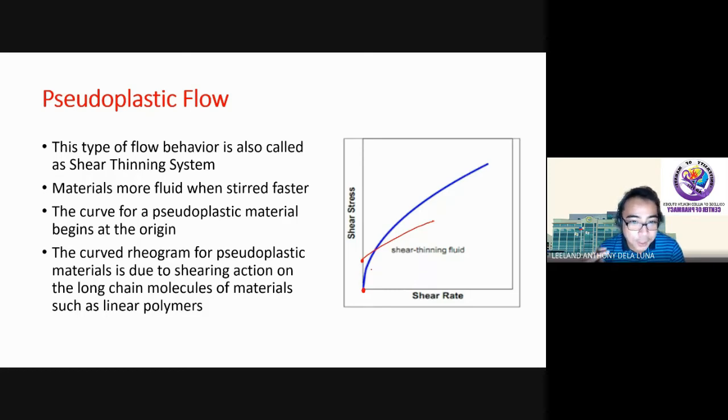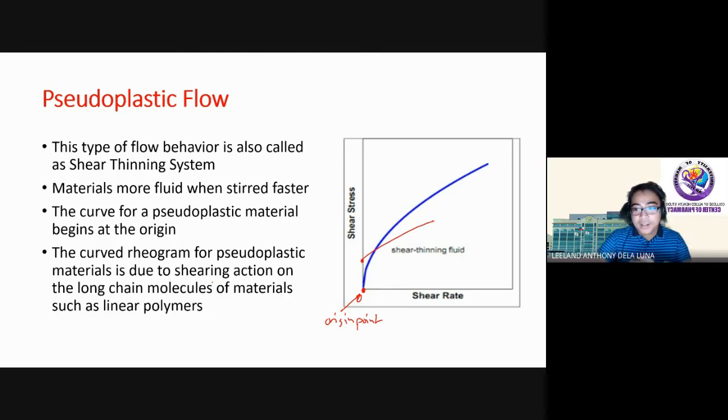Okay, so the curve for pseudoplastic material, class, begins at the origin. Unlike that of plastic flow, it doesn't begin at the origin point. Okay, ito yung origin point natin. The rheogram curve for pseudoplastic material is due to a shearing action on the long chain molecules of materials such as linear polymers. So ano ibig sabihin lang nito, class?